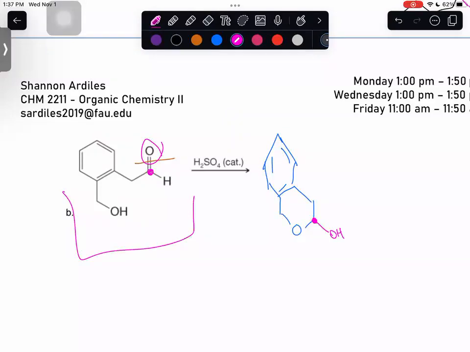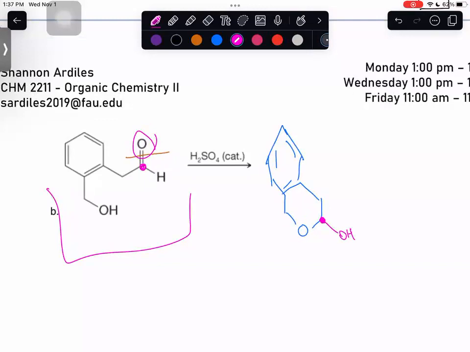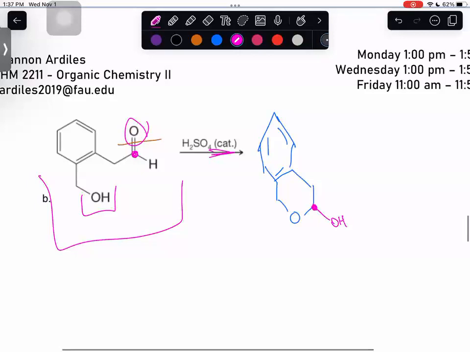So based on what we were given, an alcohol group and an acid, that OH that's added is actually the carbonyl oxygen plus a protonated H.